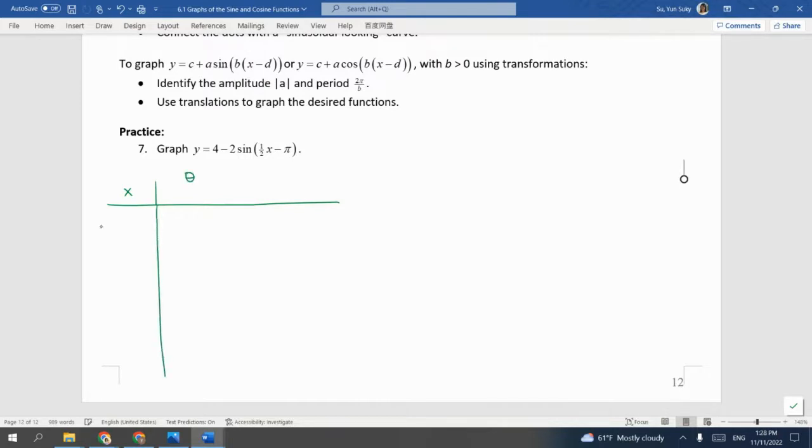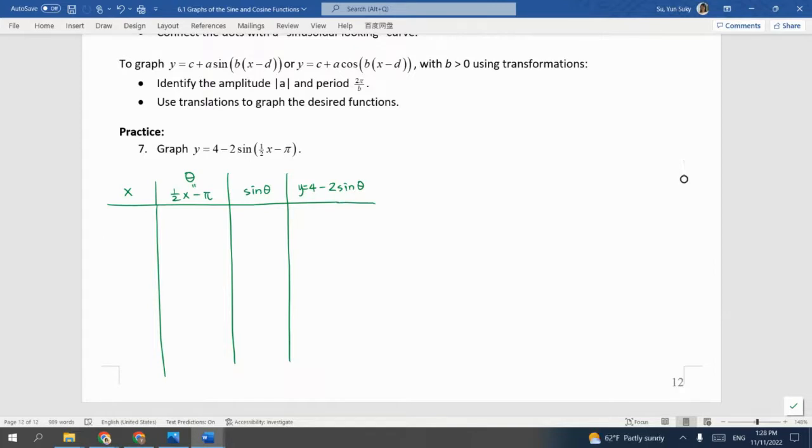In this case, theta is 1/2 x minus pi, whatever the argument is. And then the trig function, sine theta. And then the last one is 4 minus 2 sine theta.